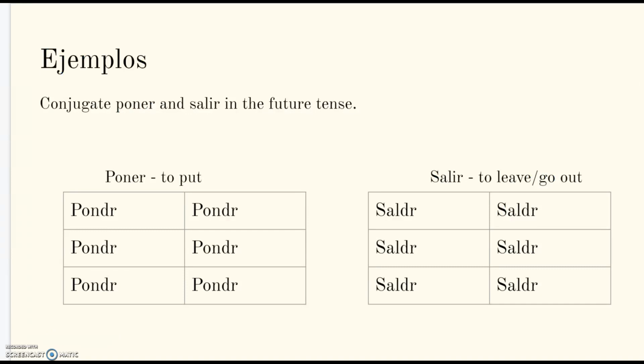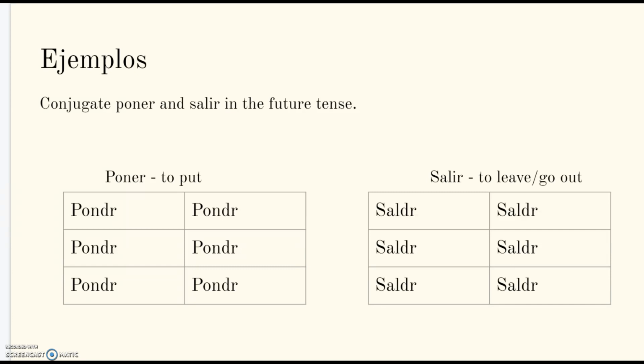So we're going to do two examples in your notes. We're going to look at the verb poner and salir. And if you see here, in each section of the conjugation chart, I went ahead and put that irregular base that we are going to use. So for poner, it's P-O-N-D-R.